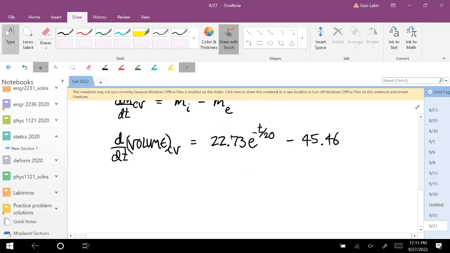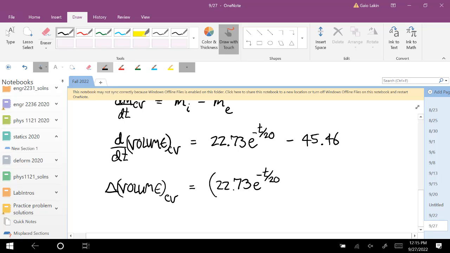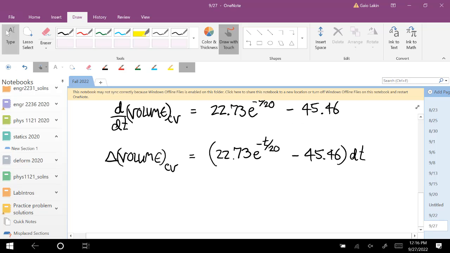Now I'm going to integrate everything, and I'll get that the change in the volume is equal to 22.73 e to the minus t over 20 minus 45.46, all times dt.